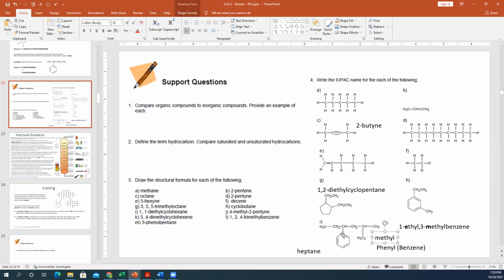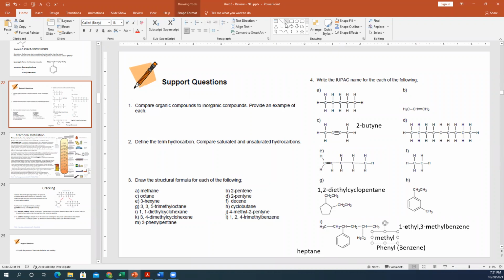So that would make this be on 3 and this one be on 5. So it can be a 3, 5. Or if we count this way, it can be a 3 and a 5. So either way, the numbering will be 3, 5.